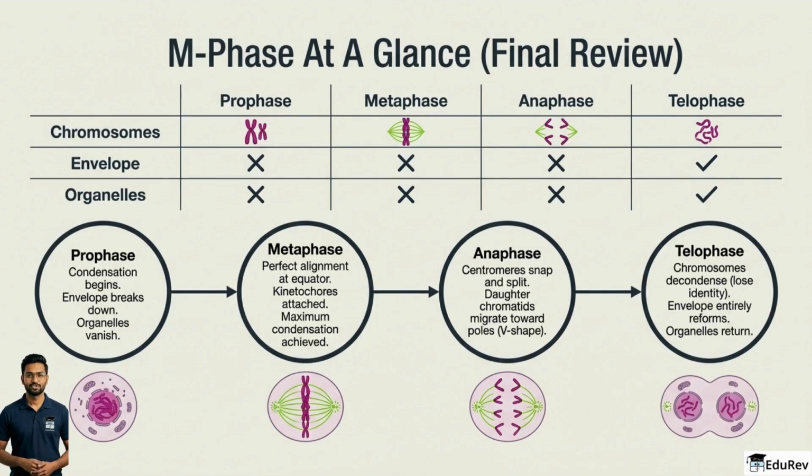Anaphase brings centromere splitting and daughter chromosome migration toward opposite poles in a V shape. Telophase restores the nuclear envelope, returns organelles, and brings chromosomes back to a decondensed identity. That sequence is the full story of mitotic division, and it is the best final map to revise before a 24-hour exam.